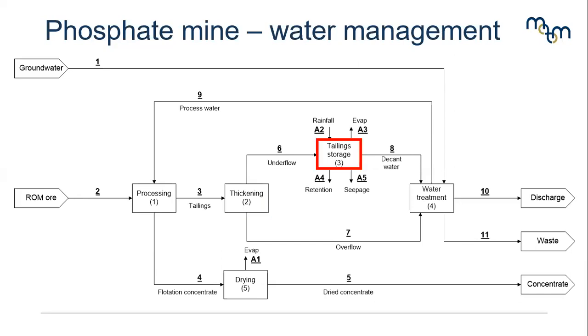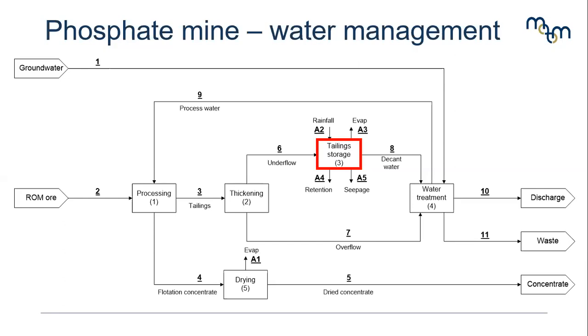So at this tailings facility, of course, is where a lot of the interaction of the mine site with the outside world happens, where rainfall lands on the facility. There's a lot of evaporation taking place, and also potentially seepage to groundwater, depending on the geotechnical aspects around the tailings.